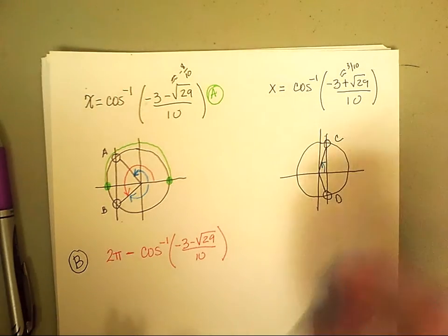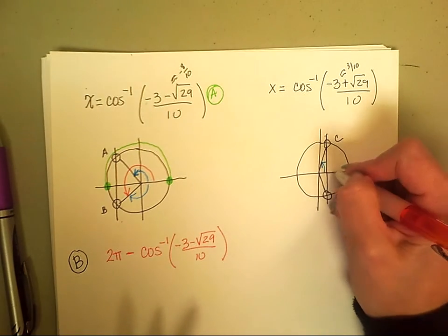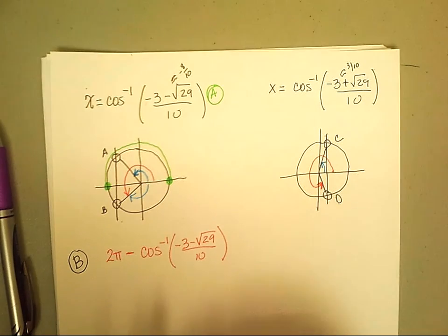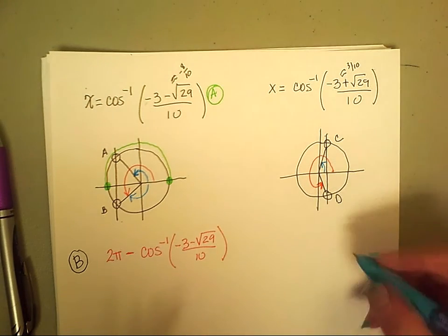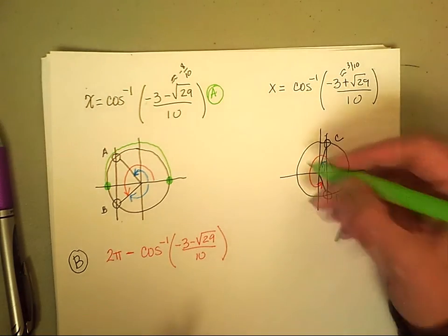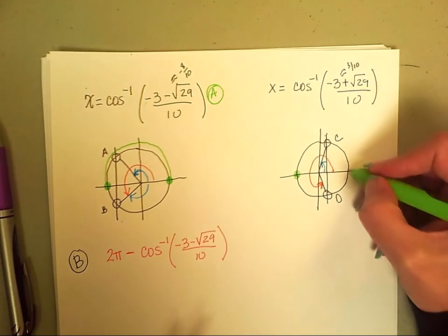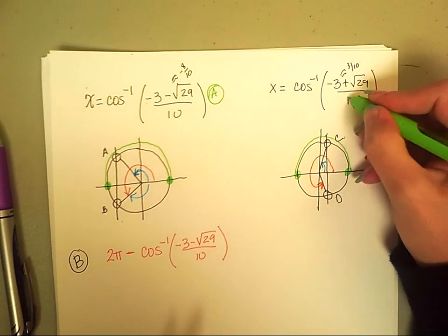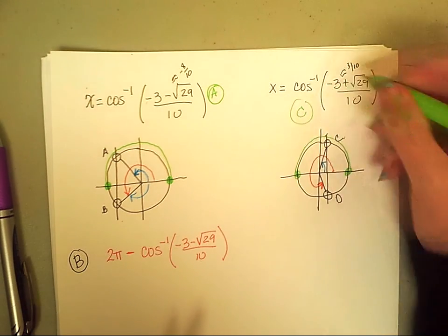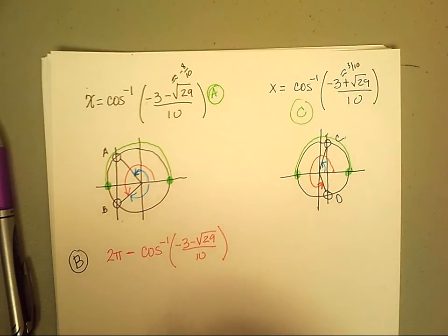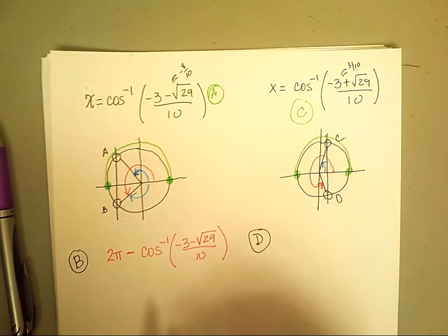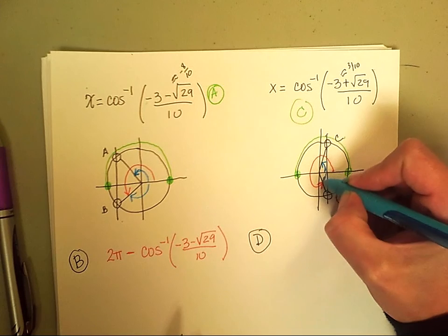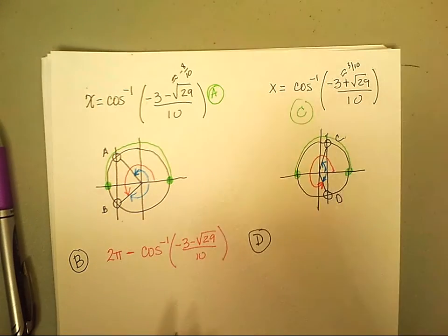Over here, angle C goes from here to here. Angle D is the positively rotated one, from here to here. The restrictions of the inverse cosine go from here to here, so the angle that we have found right here is angle C. To find D, remember that this magnitude must be the same as this.